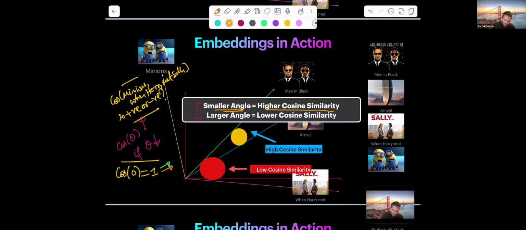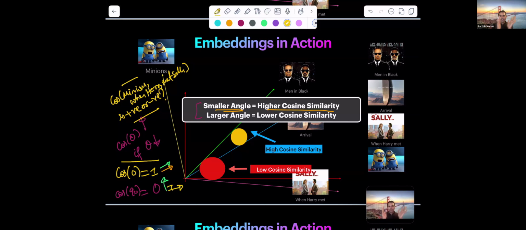Okay, what is cosine of 90? Cosine of 90 is 0, right? And that happens mathematically when the vectors look like this.